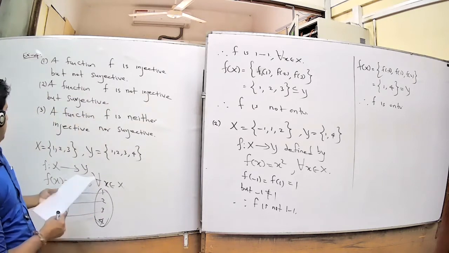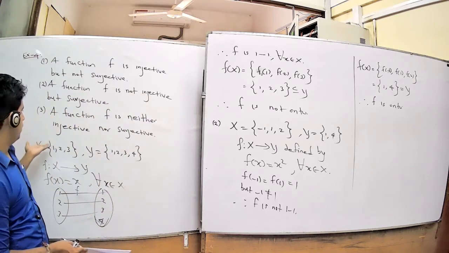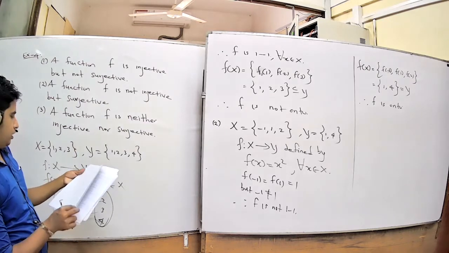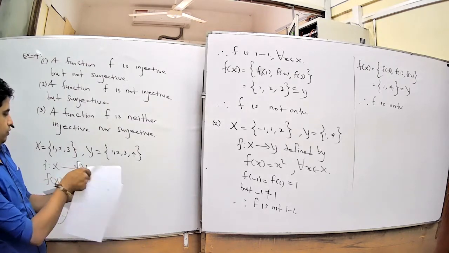Next part, the function f is neither injective nor surjective. That means the function is not one-to-one and not onto.